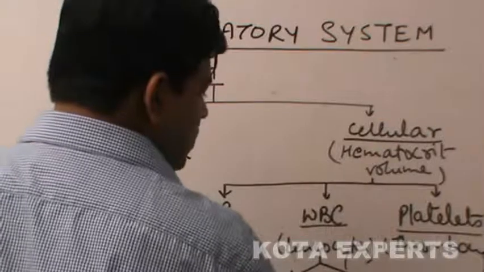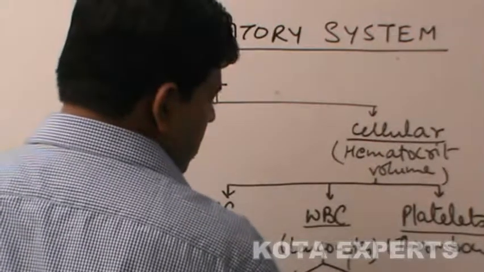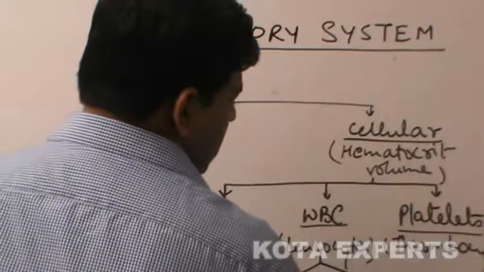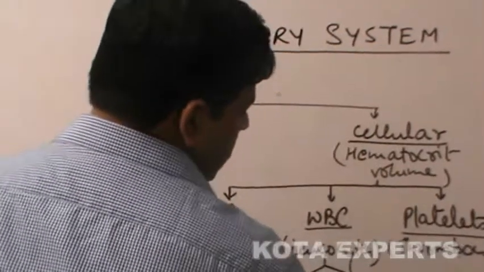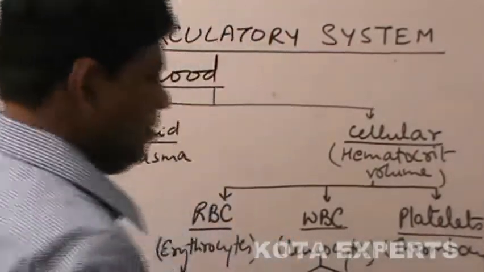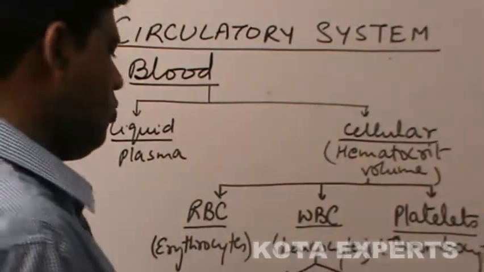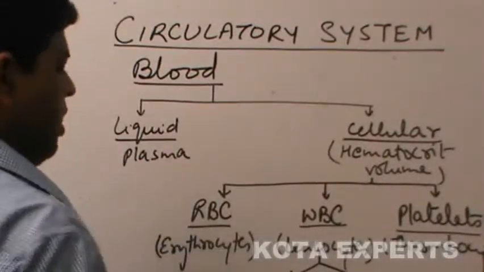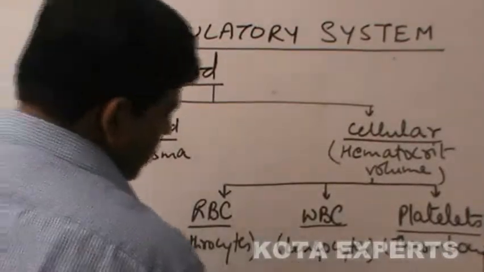And agranulocytes are lymphocytes and monocytes. Now we are going to deal with the RBC first.